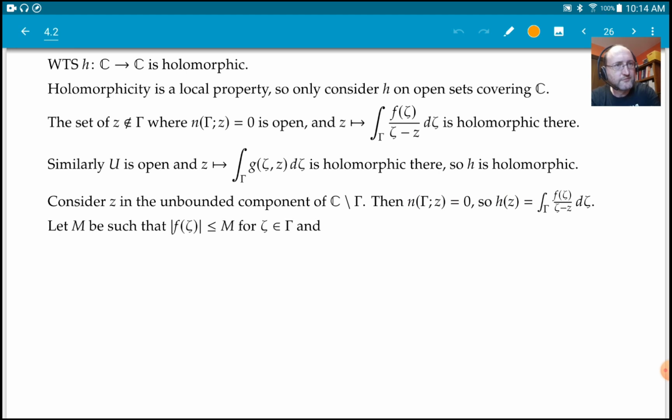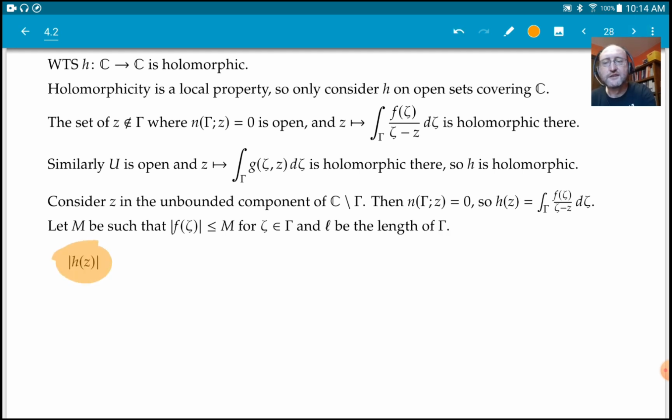Now, on gamma we can bound f. Gamma is a compact set, and f is holomorphic, so it's continuous and has some bound. We'll call M the bound, and L the length of gamma, which is finite.